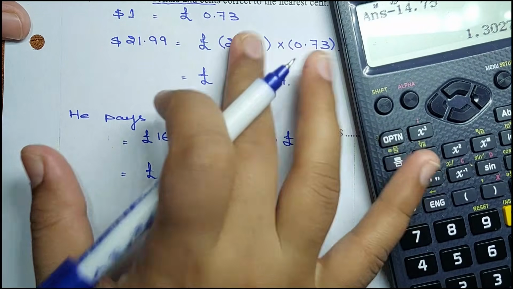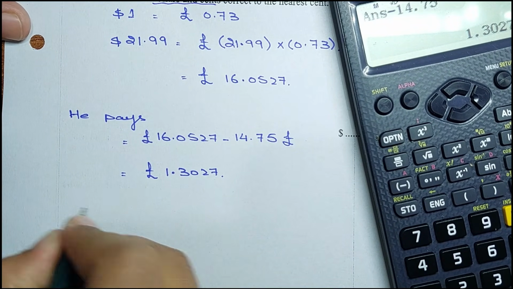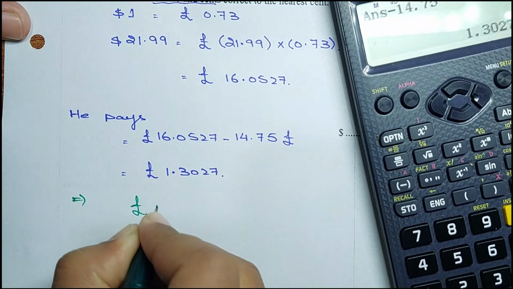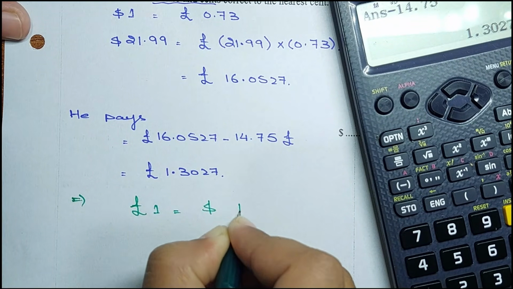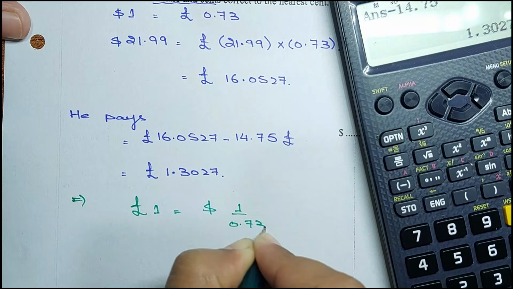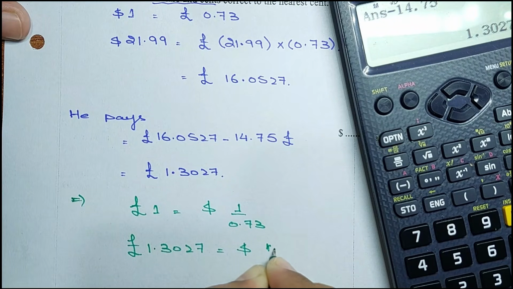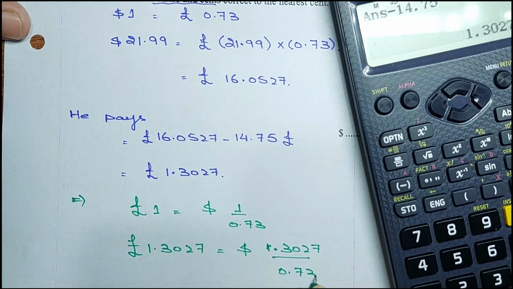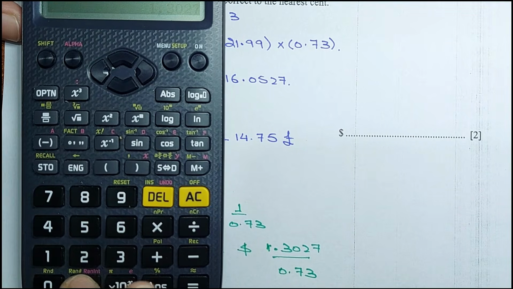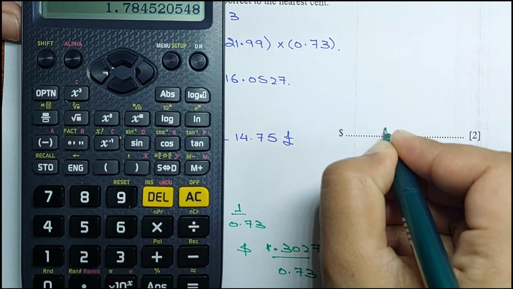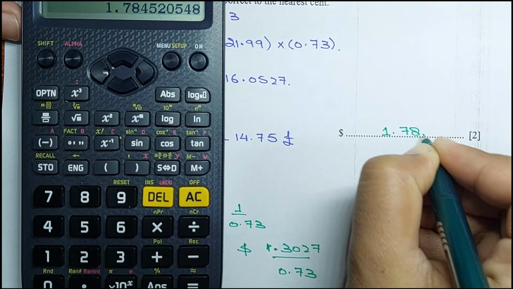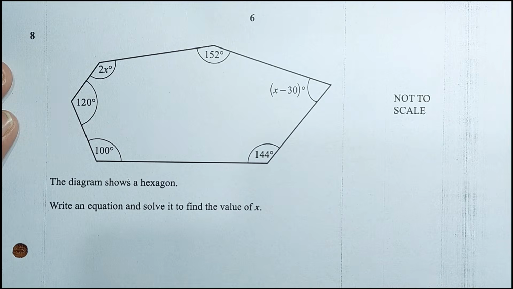Using the exchange rate, 1 pound is equal to 1 over 0.73 dollars. Now 1.3027 pounds in dollars is 1.3027 divided by 0.73. This is 1.78. So he pays $1.78 more than Alex.